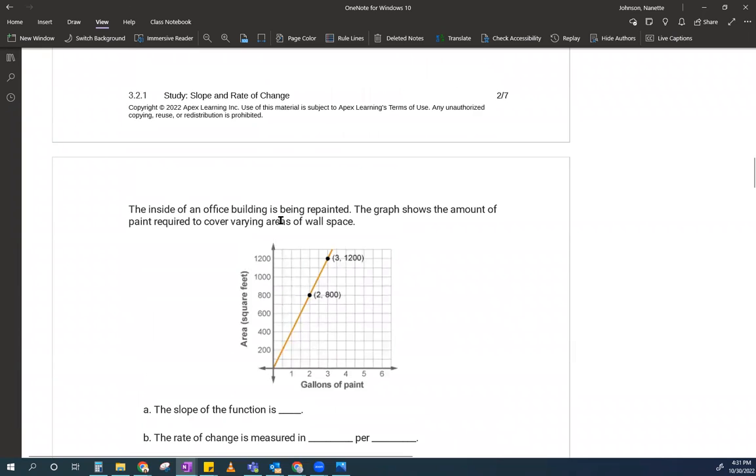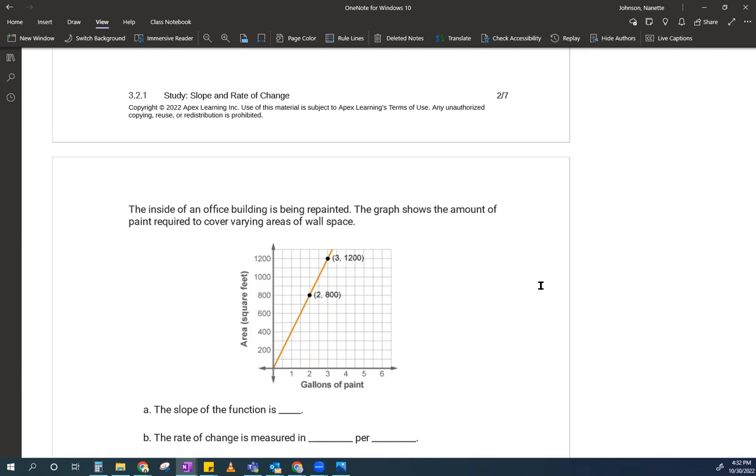Okay, it says the inside of an office building is being repainted. The graph shows the amounts of paint required to cover varying areas of wall space. The slope of this function, so I'm going to pause this right now and I want you to calculate what the slope of this line is. Okay, now that you're back, the slope of this line is actually 400.